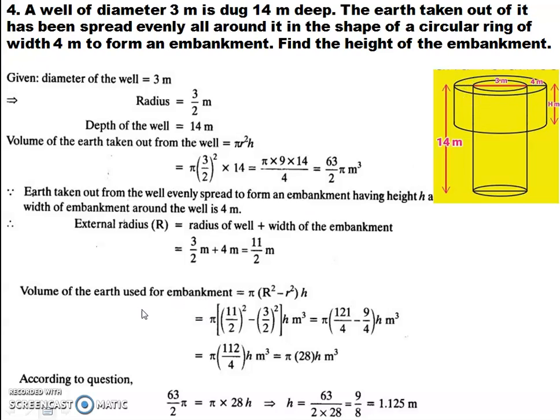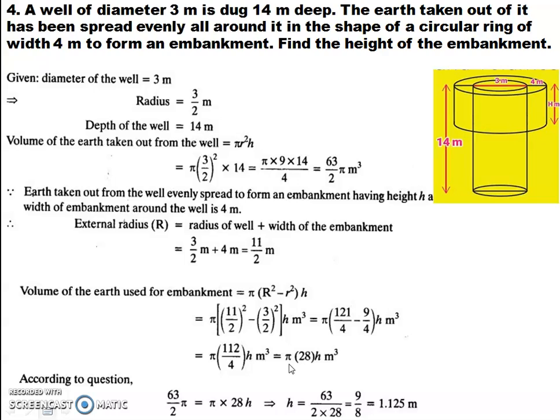That is why we take volume of the earth used for embankment as pi into large R square minus small r square into h. Large R is 11 by 2, small r is 3 by 2. And after calculation, you will get it as 28 pi h.